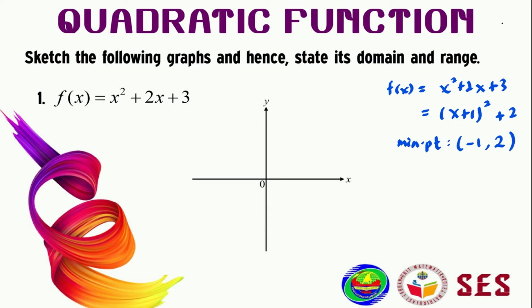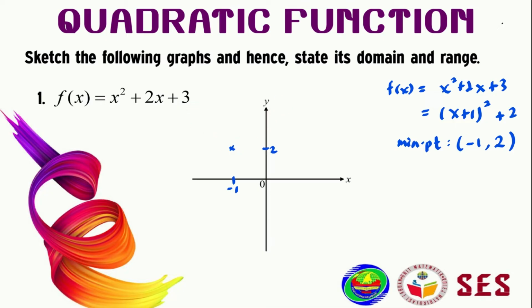Let us plot this. The minimum point is at negative 1 and 2, somewhere around here. This means the graph will not pass through the x-axis, because this is the lowest point where the graph can go.